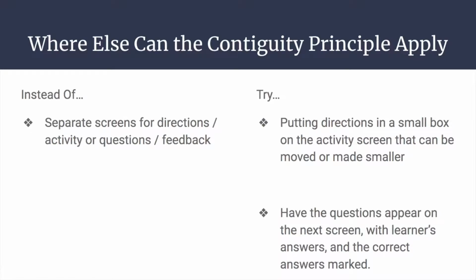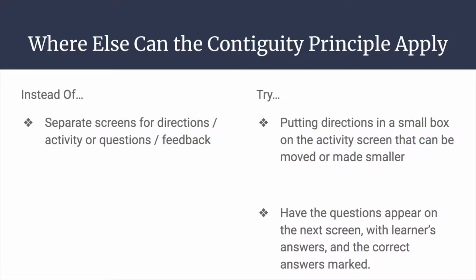Instead of separate screens for directions, activities, and questions or feedback, they suggest, and this kind of reminded me of when you have to flip back and forth between pages where there's a diagram on one page and text on the other, or questions on one page and the answers on the other.